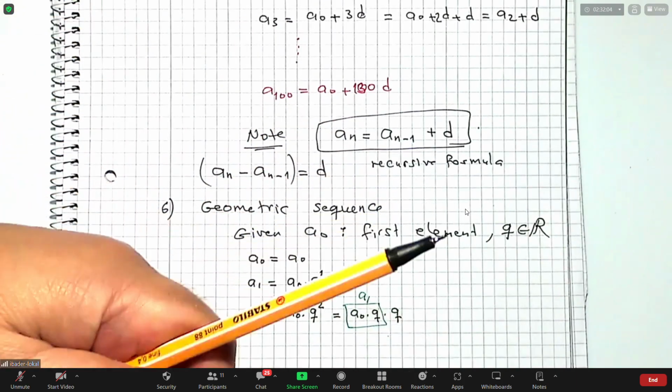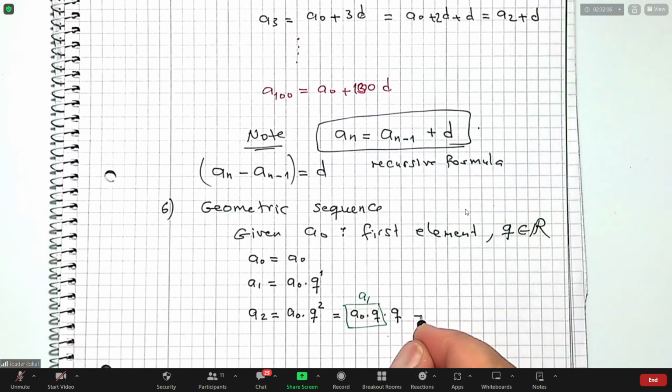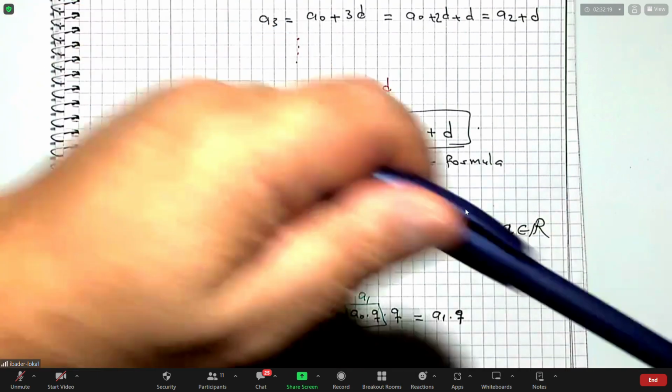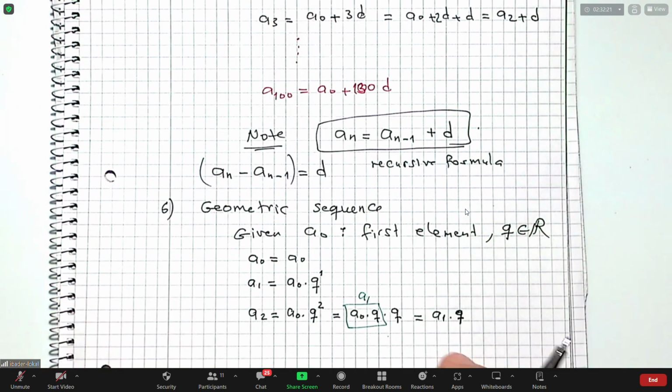So it is just a1 times Q. So other than the arithmetic sequence, here we are multiplying this quotient, this constant, with the previous element.